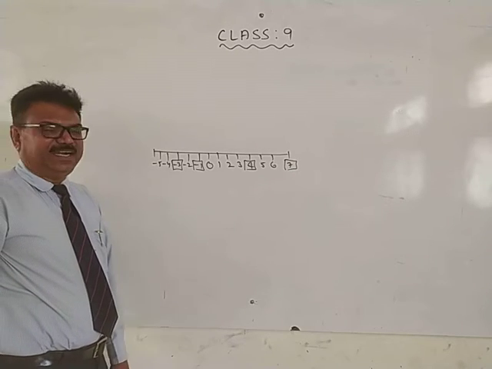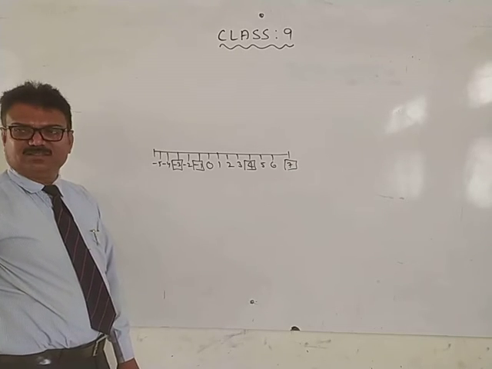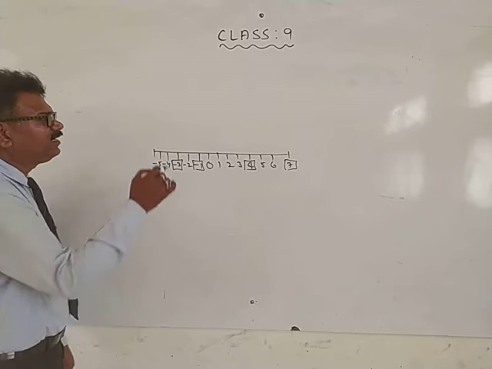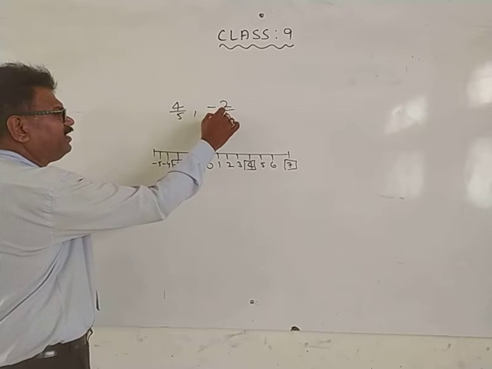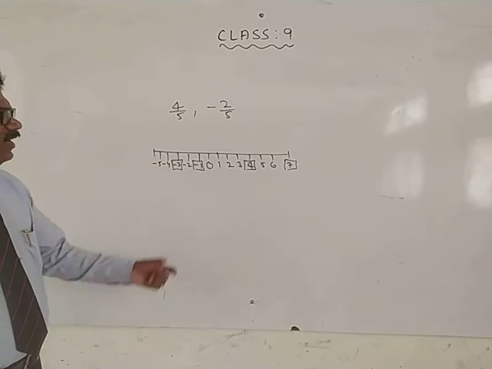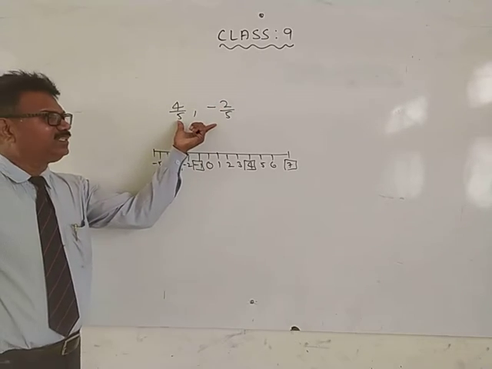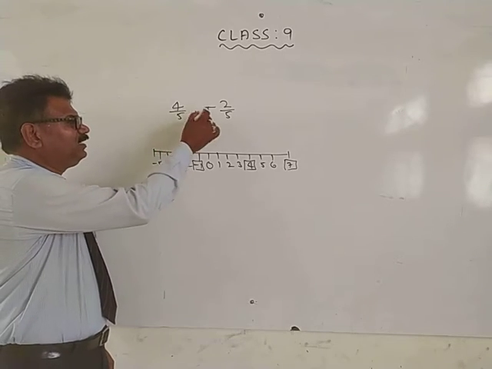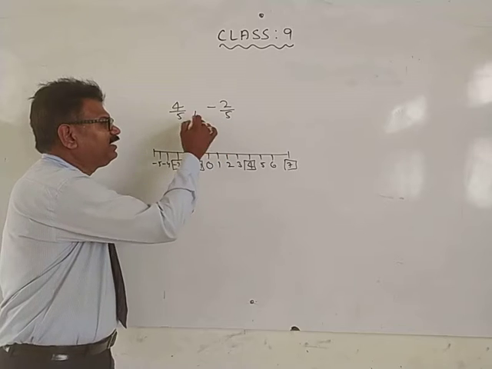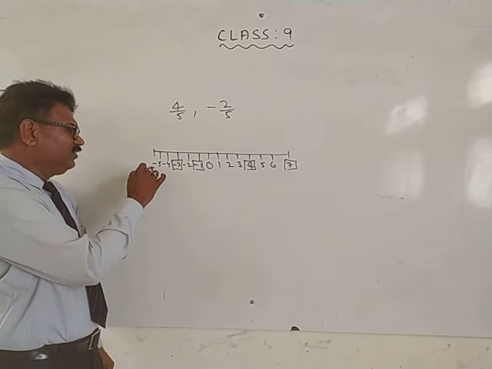In 8th standard, we located some other numbers like 4 by 5, -2 by 5. What are these numbers? These numbers are rational numbers. How did we locate them? Very simple. Here all numerators are there, but denominators are not there. Therefore, divide with 5.